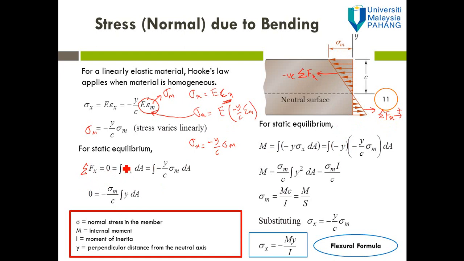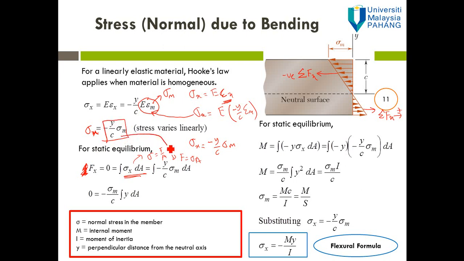So the summation of Fx is equal to the integration of sigma x dA, based on the equation of stress equal to F over A, so F equal to sigma A. And then we can substitute sigma x, which is equal to minus y over c sigma m.